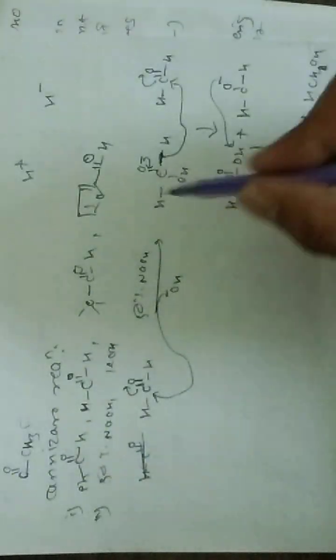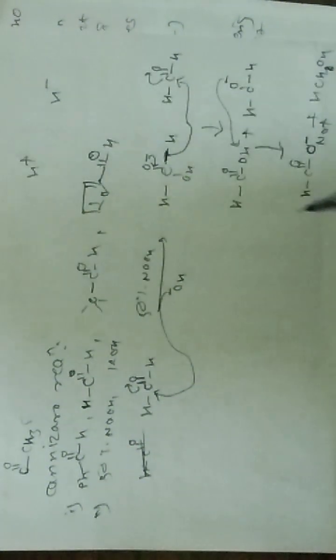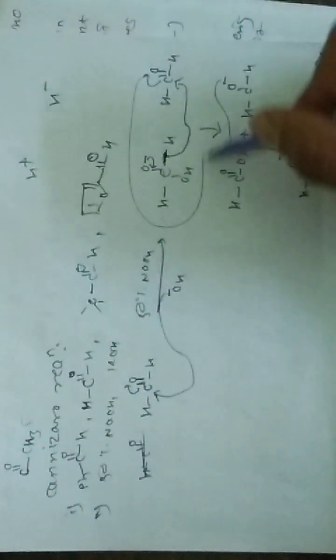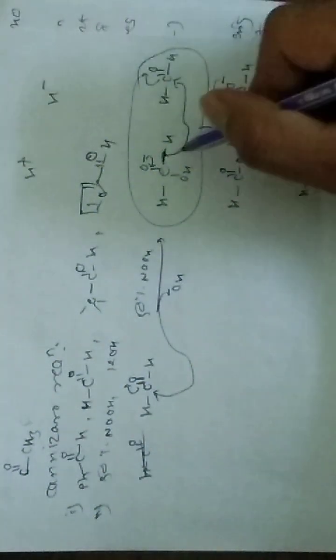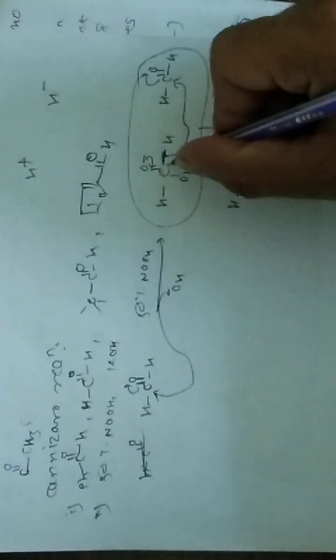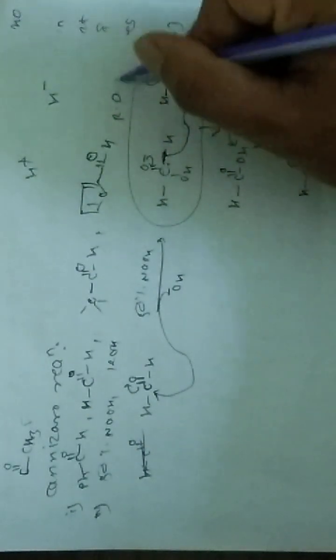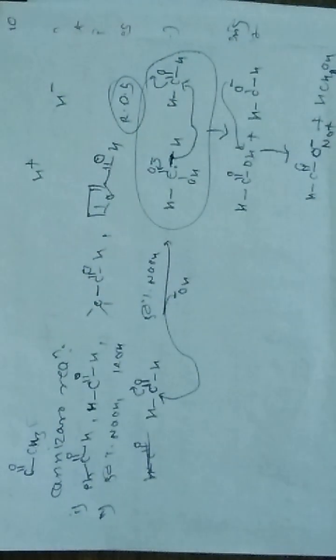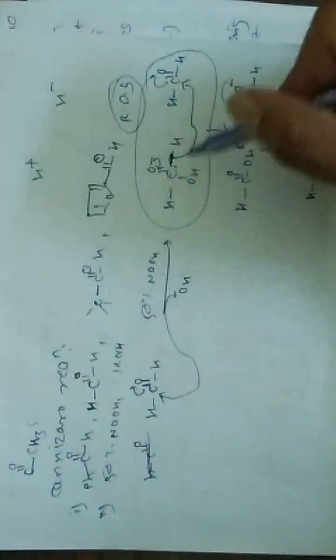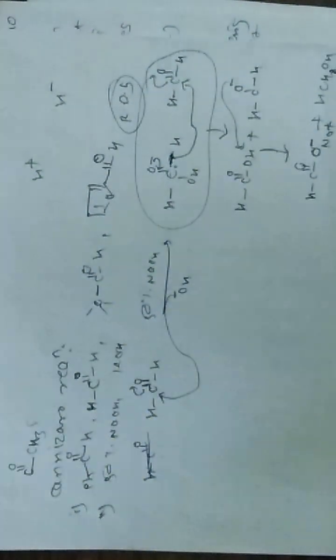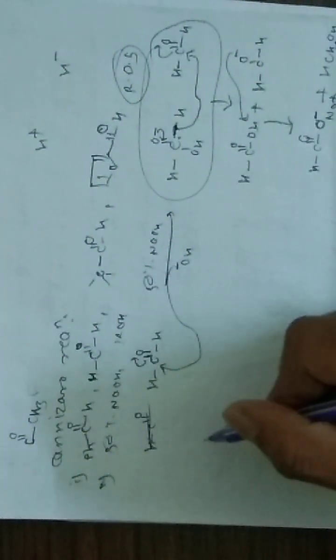So in the mechanism, the transfer of the hydride ion from one molecule to the other is a very slow step, the rate determining step. This hydride ion shift is the main concept in the Cannizzaro reaction. We do not use a ketone here.